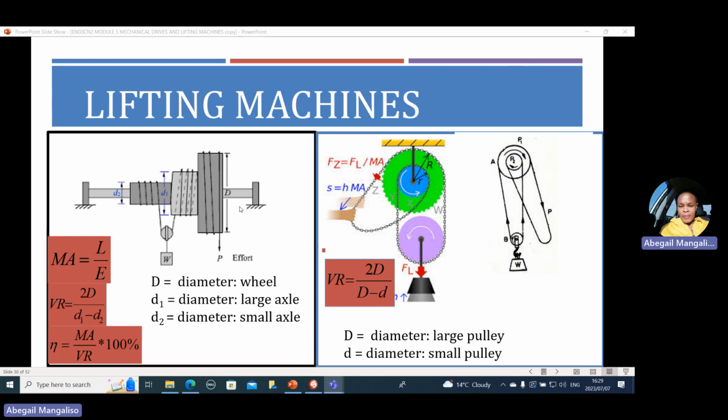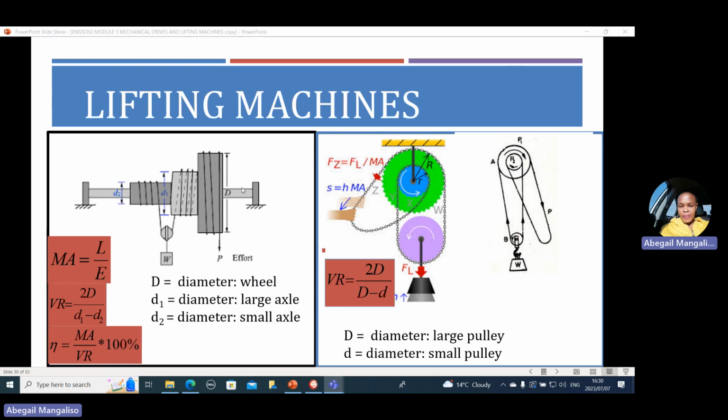The larger pulley is called the wheel, and its diameter is labeled as capital D. The 2 smaller drums are called the axle. The bigger, or large axle, is labeled as D1, and the smaller one is labeled as D2.